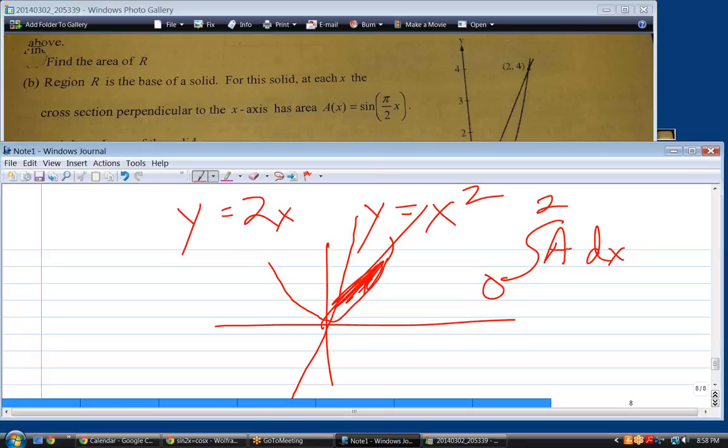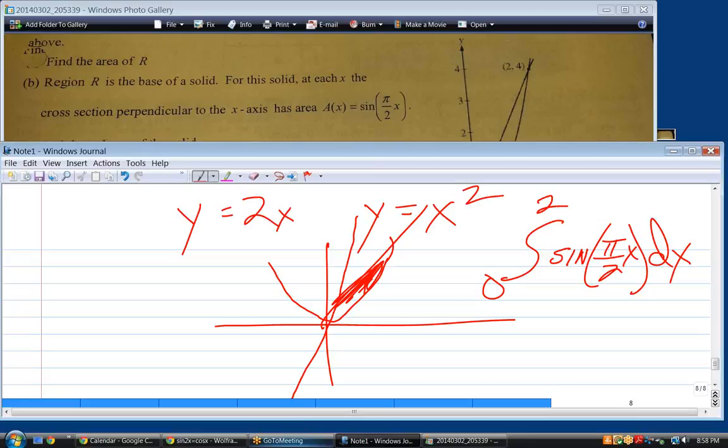We had to figure out what r was and find the area by squaring r. Well, here we don't have to do that. They're giving us the area. So the only thing I need to stick in that integral is sine of pi over 2 x dx. That should be the area of that solid.